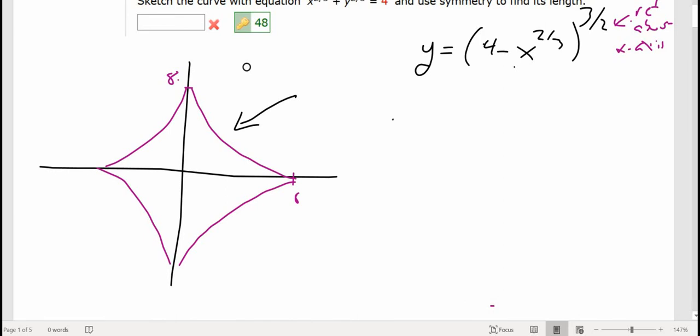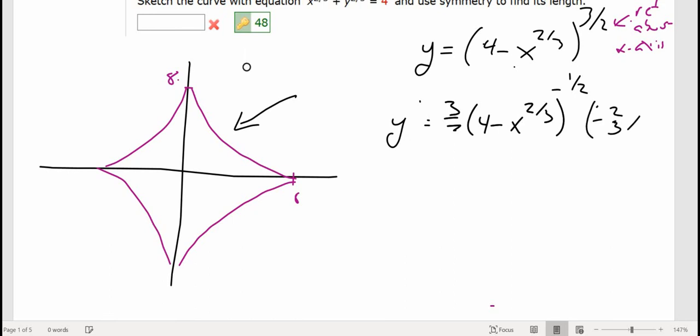So my derivative is going to be 3/2 times 4 minus x to the 2/3 to the negative, subtract 1 from that, so that's going to be negative 1/2. And then we'll multiply by negative 2/3 x to the negative 1/3, because that's the derivative of the inside.